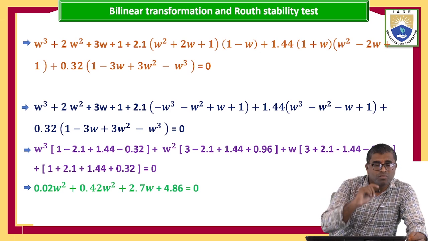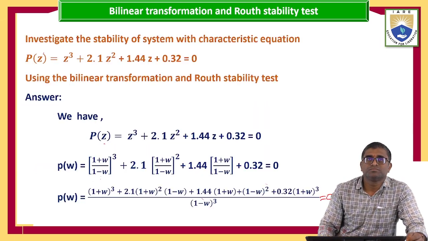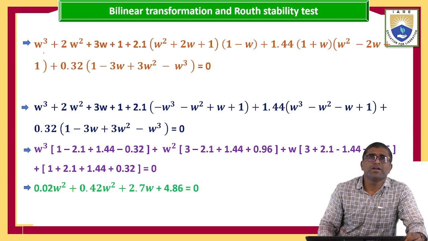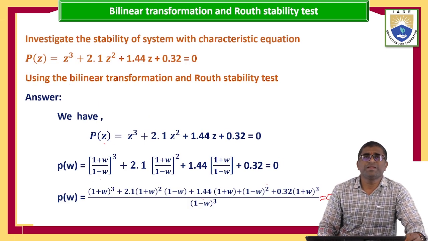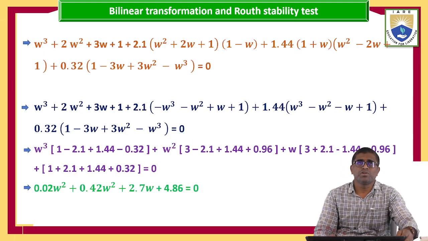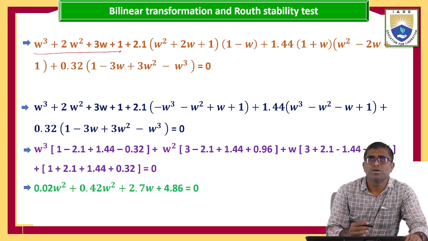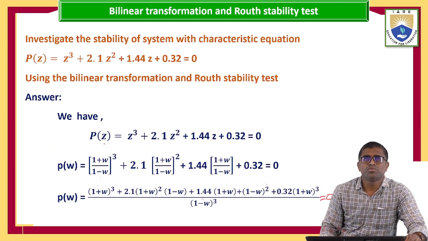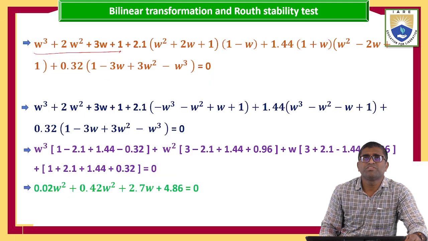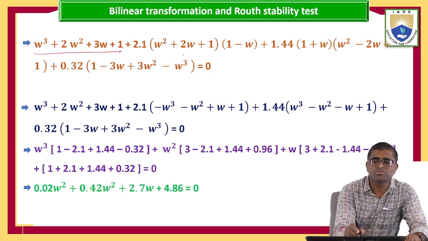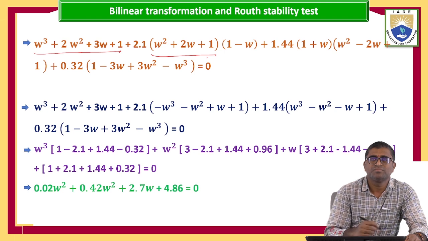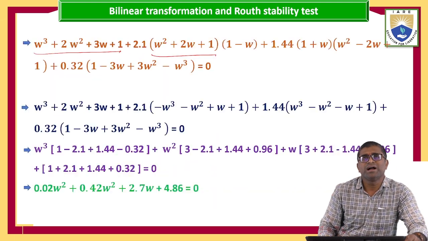So what happened? The first term, (1 plus omega) whole cube, uses the (A plus B) whole cube formula: omega cube plus 3 omega square plus 3 omega plus 1. After that, 2.1 into (1 plus omega) whole square, that is omega square plus 2 omega plus 1, into (1 minus omega).